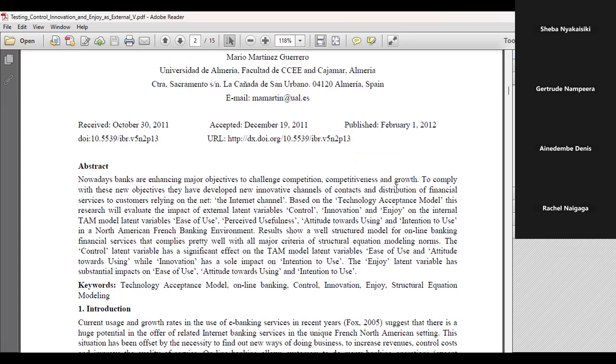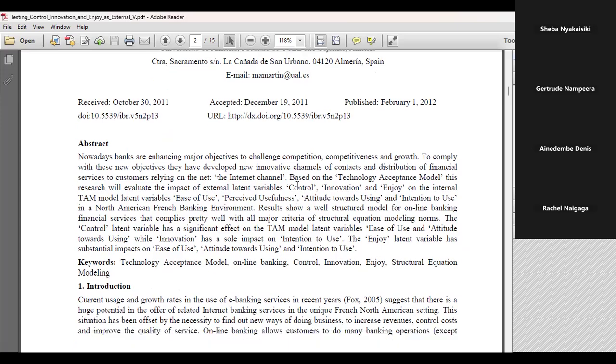Take this particular article: the researchers are looking at new innovations, online banking, using the internet channel. By 2012, these were relatively new applications in Europe. For us, they're just coming on board. ICT, using online tools, was not new by 2012, but now it's coming into the banking sector, where you have a great deal of control.